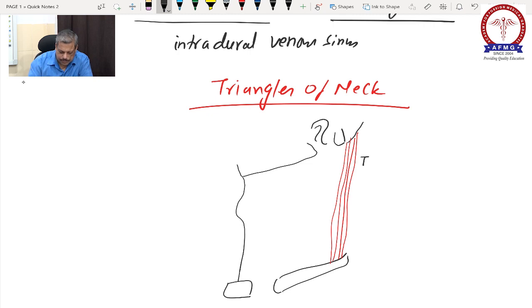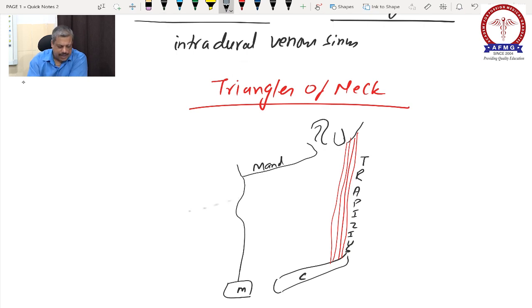This is trapezius muscle. This is the clavicle, this is manubrium sterni, this is base of mandible. Clear? This is mastoid process. Simultaneously look at here.